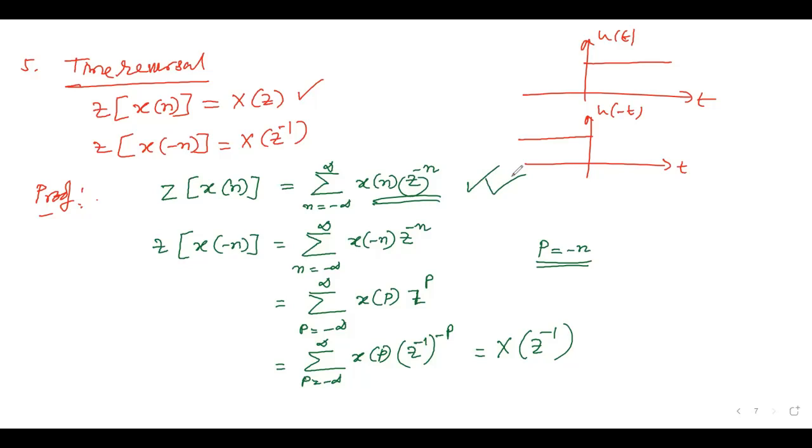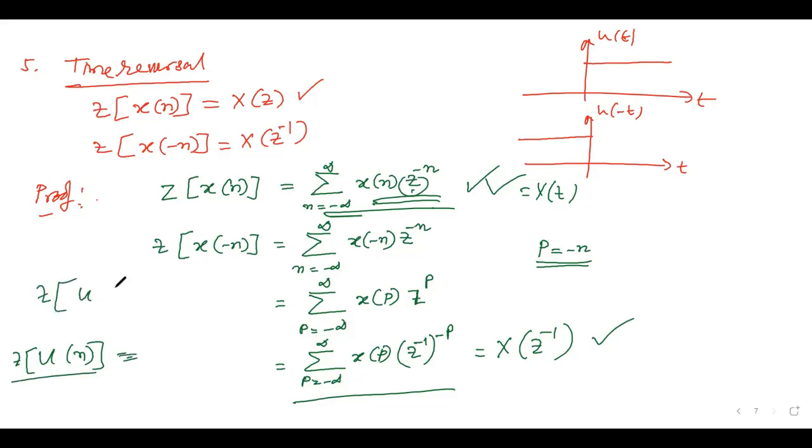This is the definition of x[n], which is equal to X(z). So this expression and this expression are the same, only the z is replaced by z inverse. So it will be X(z inverse). Okay. So homework: if the z transform of u[n] is known to you, find the z transform of u[-n]. You can find that. This is the time reversal.